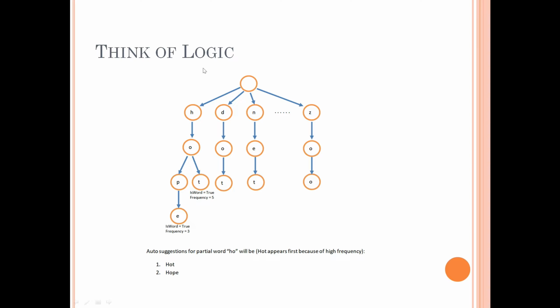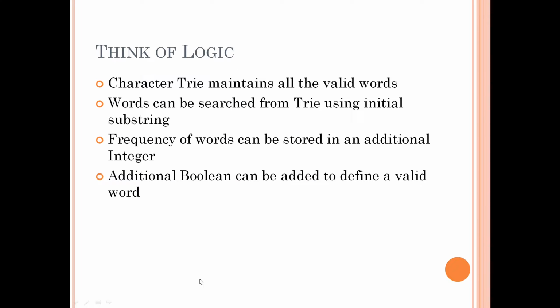So we will retrieve these two words from this trie, and then we sort them based on their frequency. Since frequency of HOT is 5 and frequency of HOPE is 3, then HOT takes preference and we will show HOT on top, and second suggestion will be HOPE.